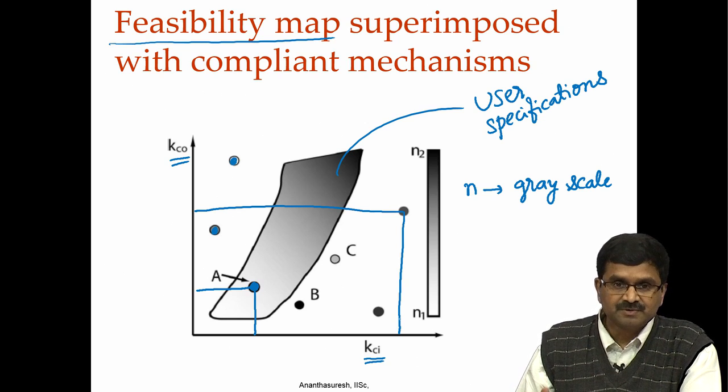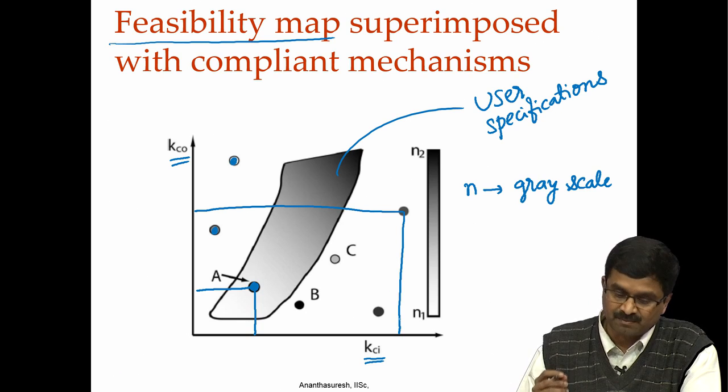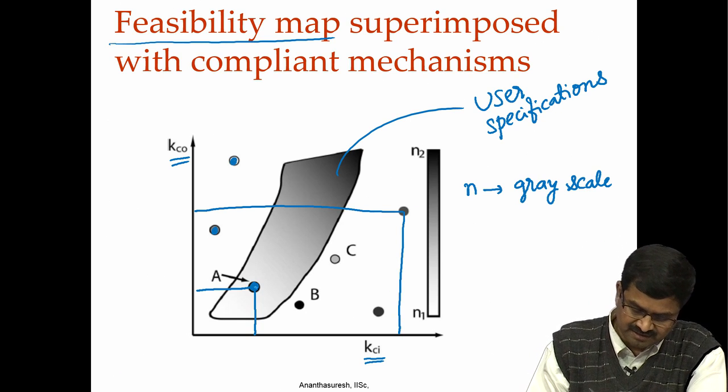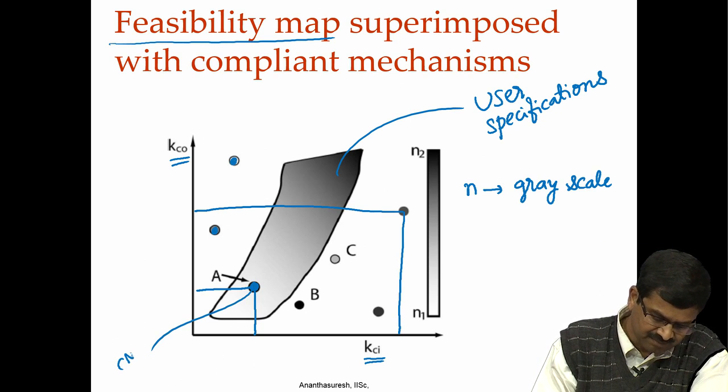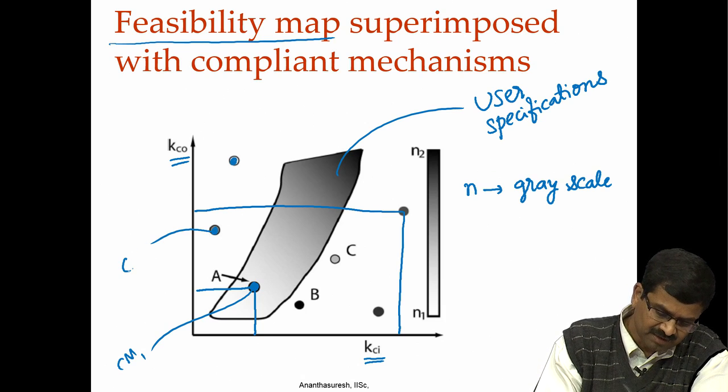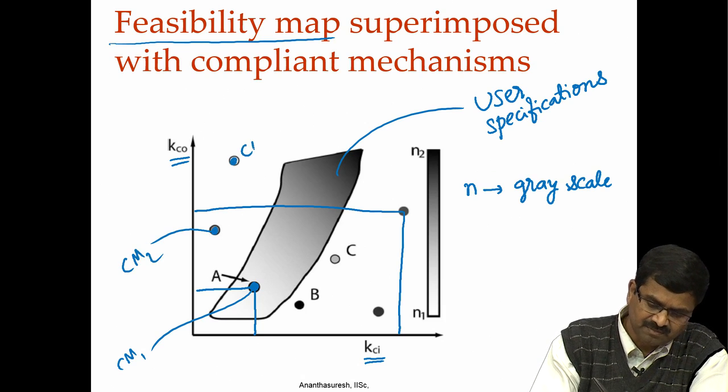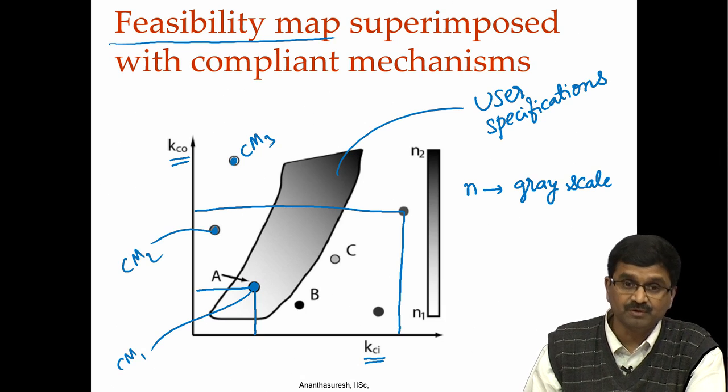Now, the idea is very simple. In order to select a compliant mechanism, you just see which of these compliant mechanism dots lies inside, where each dot corresponds to a compliant mechanism. This is, let us say, compliant mechanism 1, this is compliant mechanism 2, this is compliant mechanism 3 and so forth.